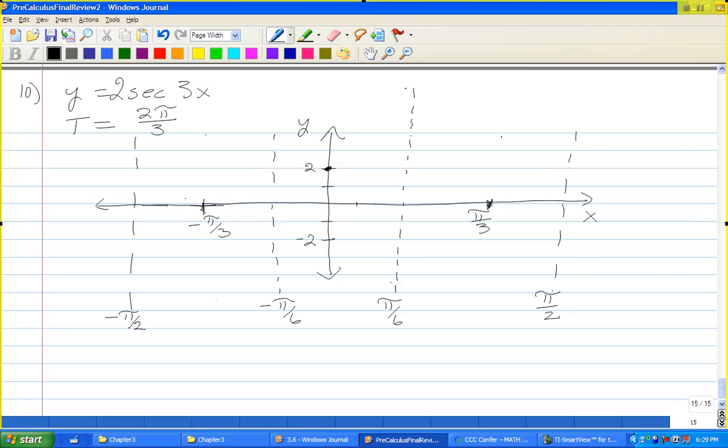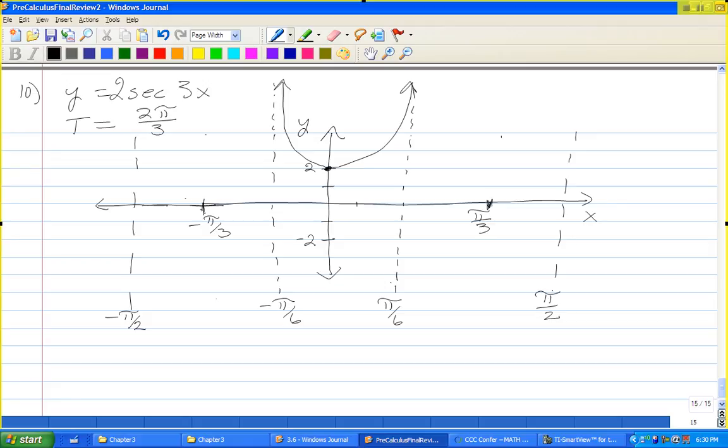Positive infinity. At negative pi over 6, 3 times negative pi over 6 is negative pi over 2. Secant of negative pi over 2 is again infinity. So it should look something like this.